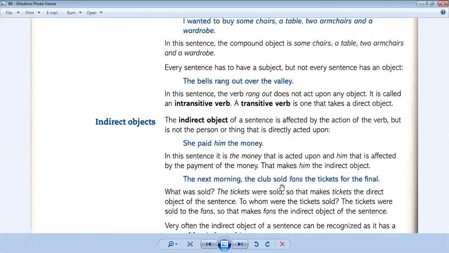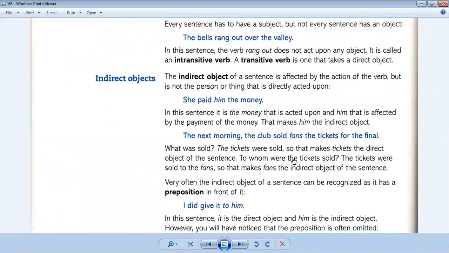That is the main verb. This is a transitive verb because it has an object. Sold what? The tickets. So the tickets is the direct object. Ask another one. To whom? To the fans. So the fans is the indirect object. Do you really understand this one?